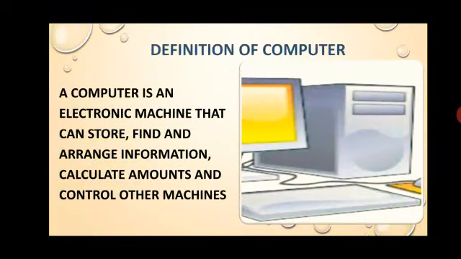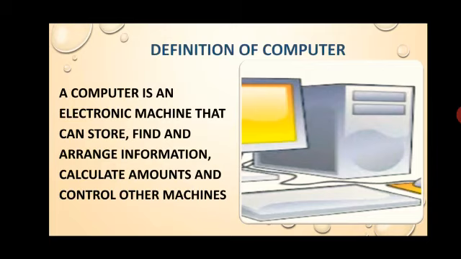Definition of computer. Students, this is a very good question. What is the definition of computer or what is the computer? A computer is an electronic machine because computers use electric to do work.